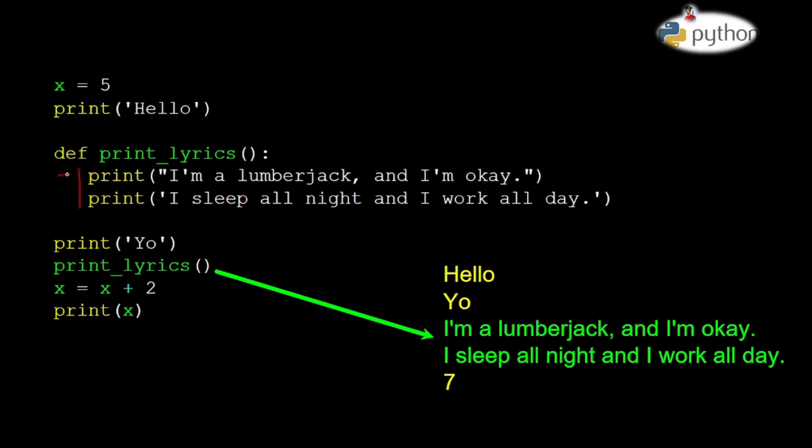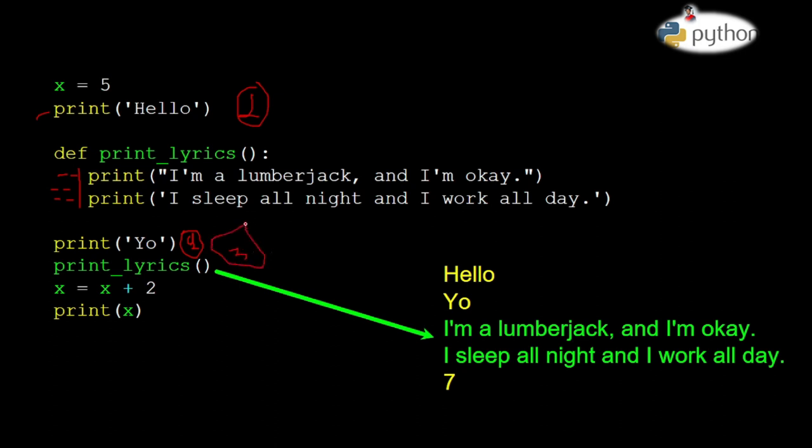After the indent, we write any operation or any body of the function. Then the display starts from this one. This is displayed first. The next print is displayed secondly, and the third one, print x, is displayed at the third time.